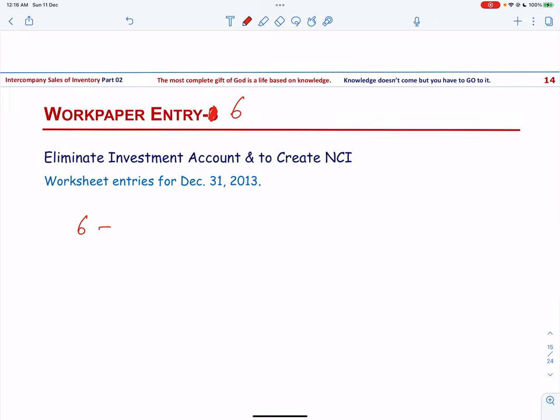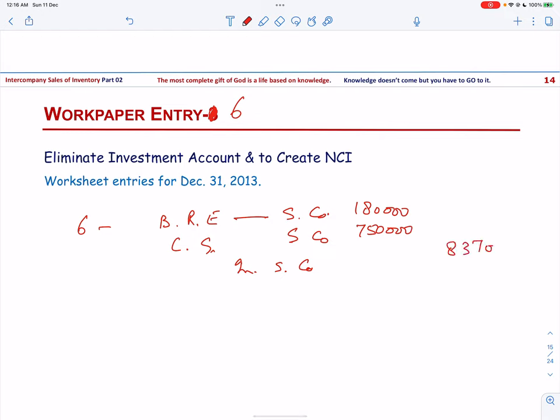So beginning retained earning, and this is for S company to be eliminated, 180,000, and the common stock S company again debited by 750,000. Investment in S company was 180 plus 27, that is 837,000, and we have just now shown you non-controlling interest of 93,000.